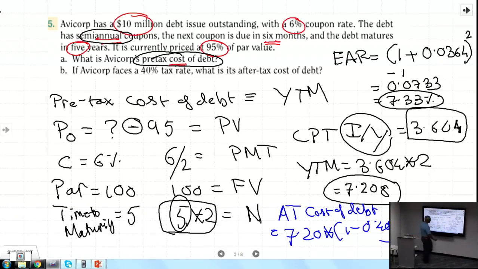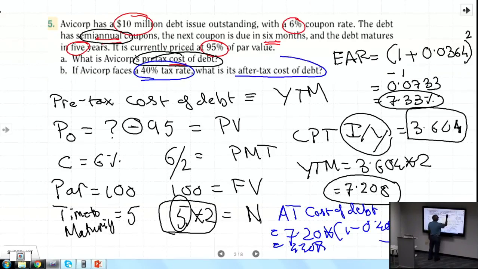So this is approximately 4.40%. Okay. So from this tax rate, after-tax cost of debt is equal to cost of debt times 1 minus the marginal tax rate.